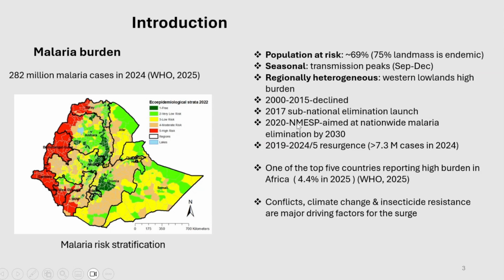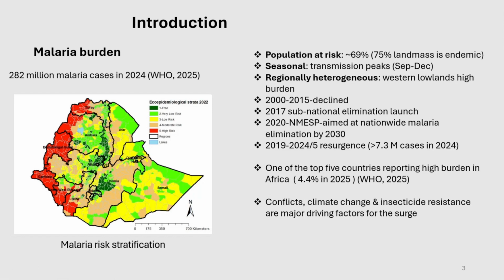When we look at the trend across different years, like the global trend, between 2000 and 2005 there was a declining situation in malaria. Ethiopia launched a malaria elimination strategy starting in 2017. But after 2019, malaria started to upsurge, especially by 2024, when a huge resurgence occurred, with more than 7.3 million malaria cases reported in the country.